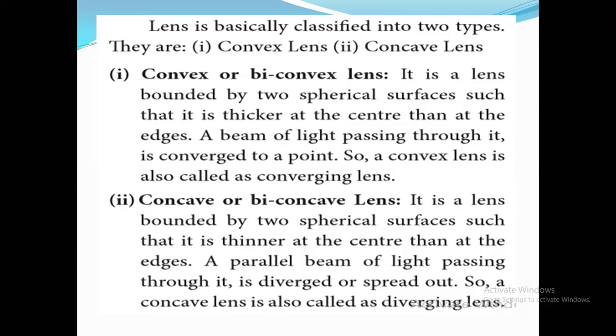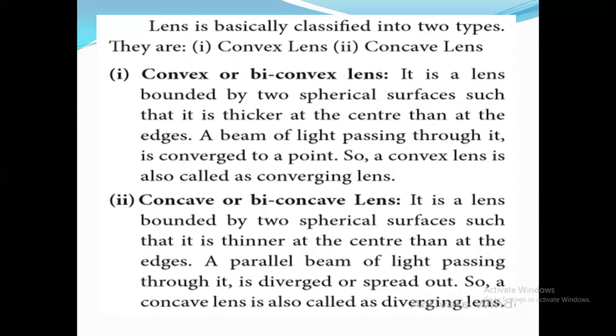A beam of light passing through it will converge at one point. So the convex lens has the ability to converge the light rays. A convex lens is also called a converging lens.